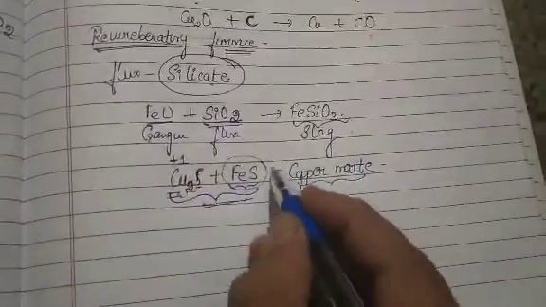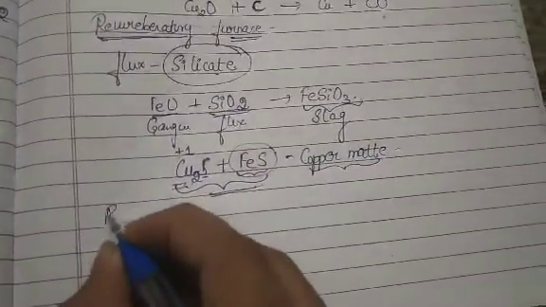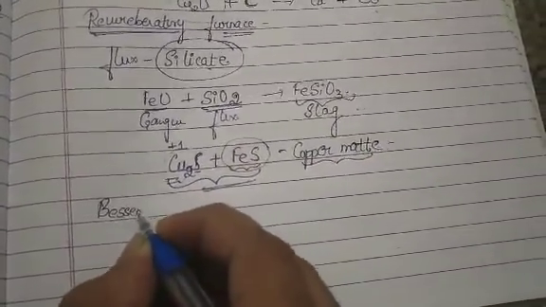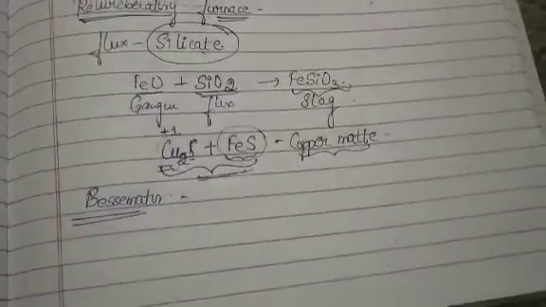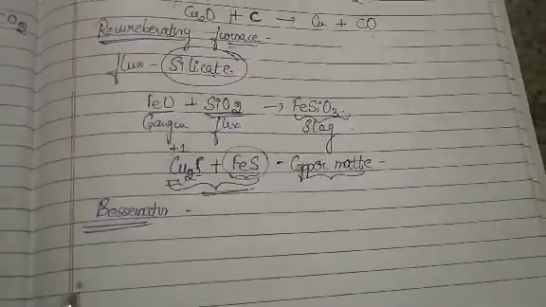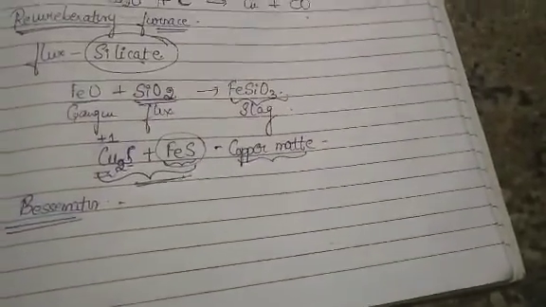Now this copper matte is taken into a converter, a different instrument. In this converter, similar to the furnace itself, we blast hot air into it.